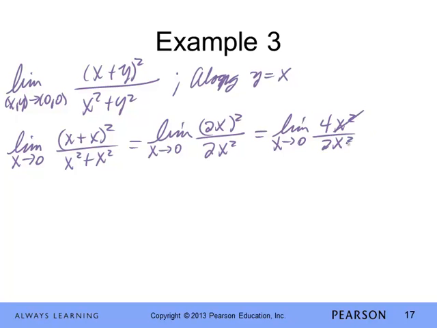Cancel the x squareds, giving us 2, right? So 2 is the limit. But this limit would have to be the same along all paths, so maybe we should try another path to see if we get the same limit.